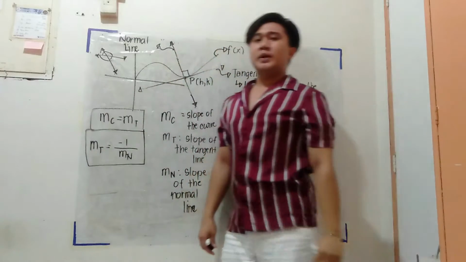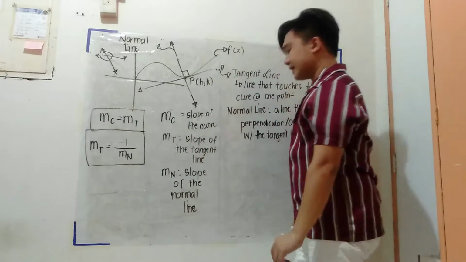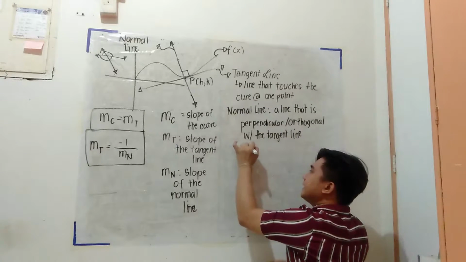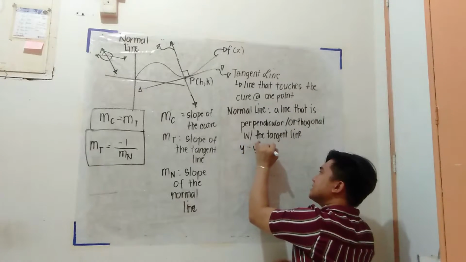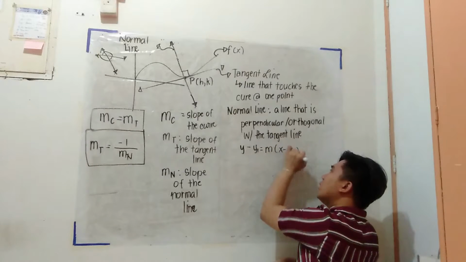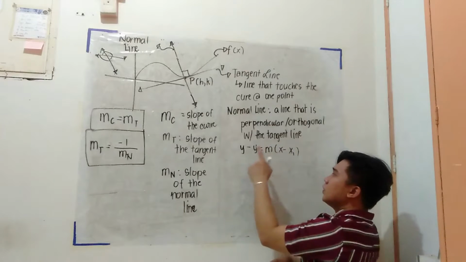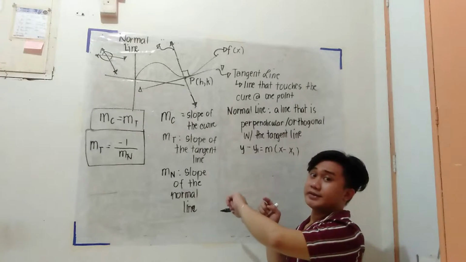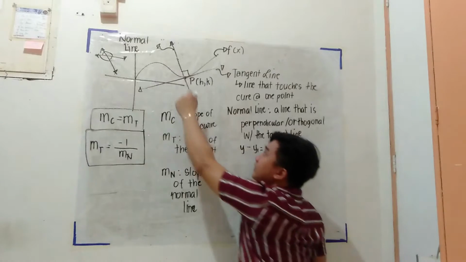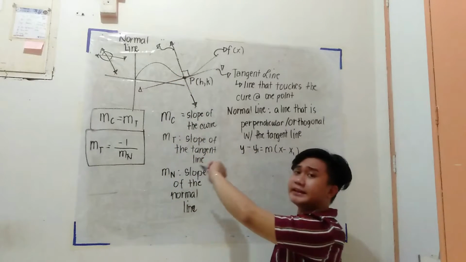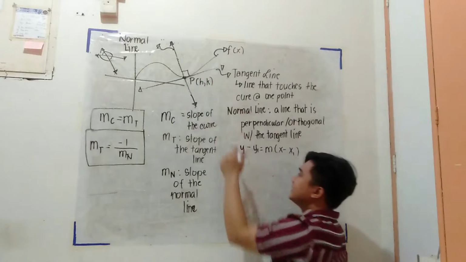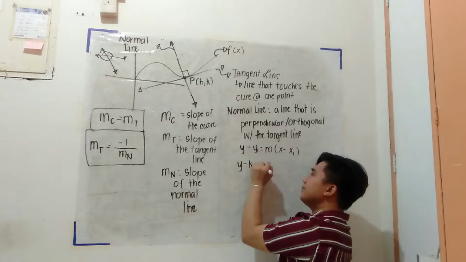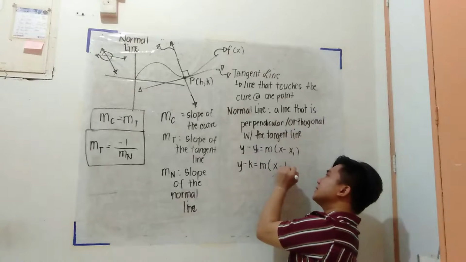So, how are we going to get the equation of the line? Gagamitin lang natin yung slope-intercept form. Sa analytic geometry, meron tayong y minus y sub 1 equals m times x minus x sub 1. M is your slope, y sub 1 and x sub 1 are the points of intersection. Okay? Pero in this case, meron lang tayong point and dinidenote natin siya in terms of h and k. So, ang gagamitin natin, y minus k equals m quantity x minus h.